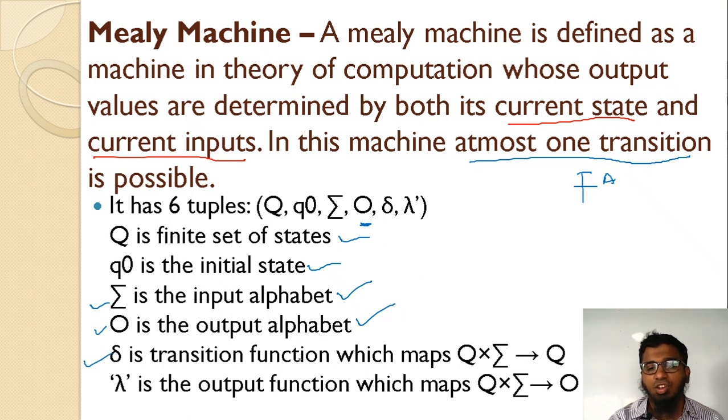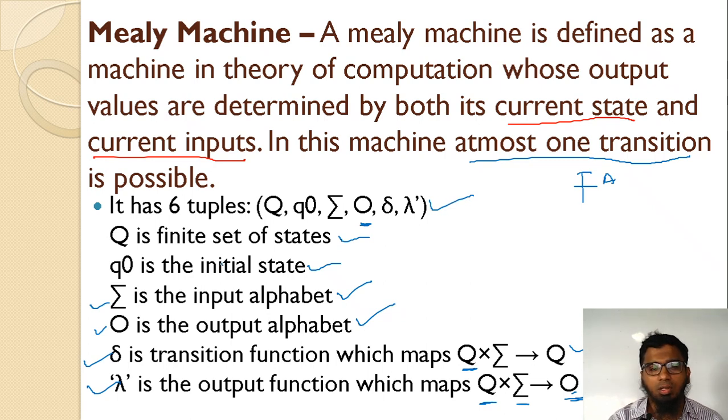Next, delta is a transition function which maps Q cross sigma to Q, the finite set of states. Lambda is the output function which maps Q cross sigma to O. So this is a Mealy machine and these are the 6 tuples we have.